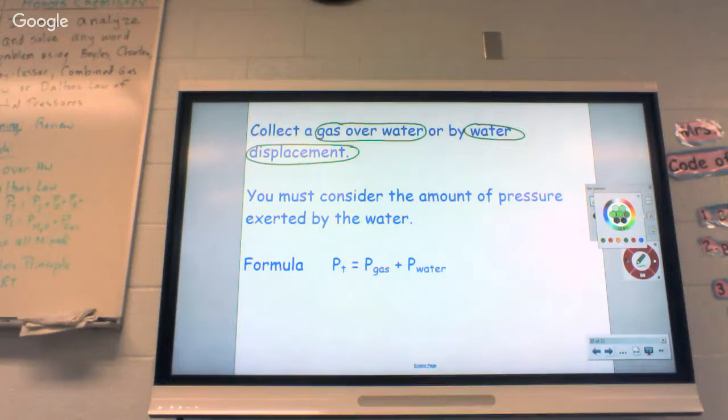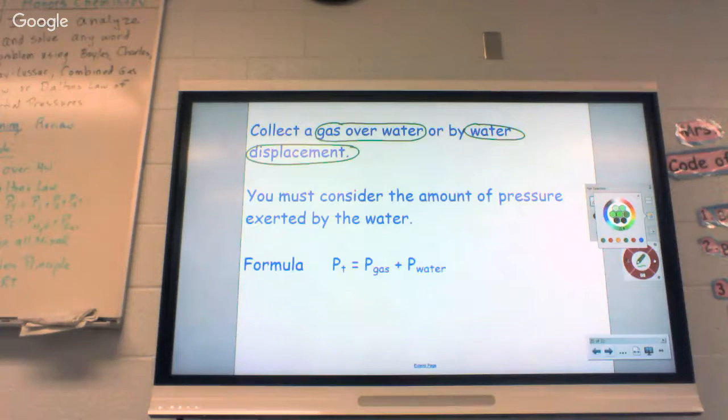This is a very narrow type of formula, but most gases are collected over water. You actually bubble the gas through a water hose, collect it. Because of that, you have to calculate it a special way.